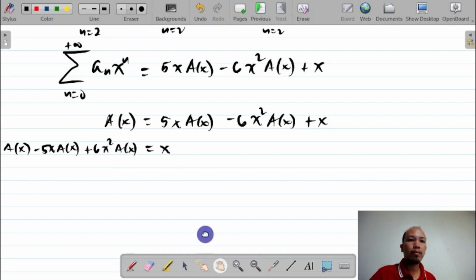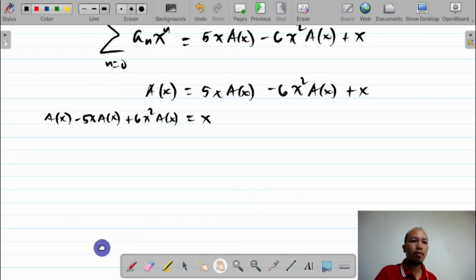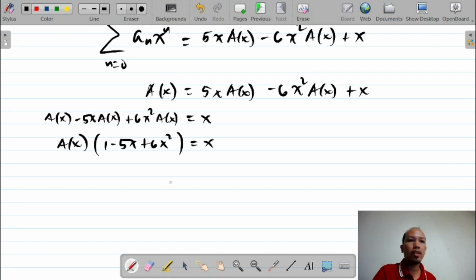Then let's factor out a of x: 1 minus 5x plus 6x squared times a of x is equal to x. So our a of x is equal to x over 1 minus 5x plus 6x squared.